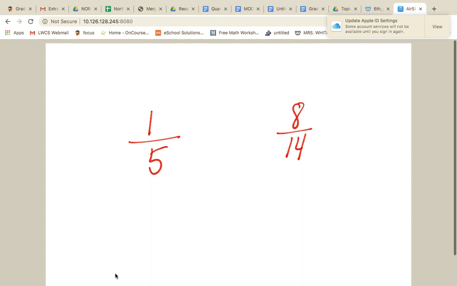Okay, if you've unpaused it, then you've worked it out, and now we're going to check your answer. So if I do the benchmark, I know 1/5 is very far apart, so it's close to 0. 8 over 14 is very close to a half, so I know half is greater than 0. So 8/14 is larger. So that was good practice on that.